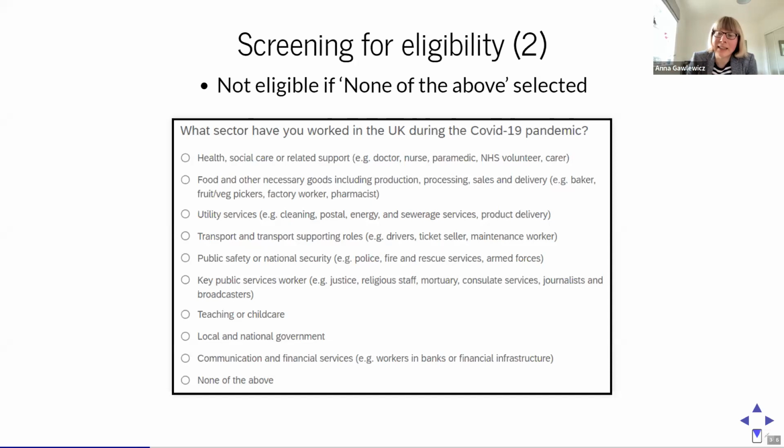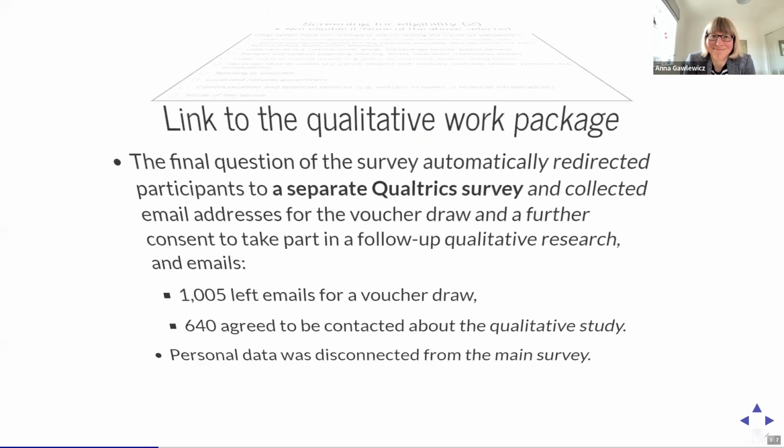So these are the essential work sectors, and we were recruiting only within these sectors. So if participants felt that they did not work in any of these sectors and selected none of the above, they were not eligible to continue with the survey.